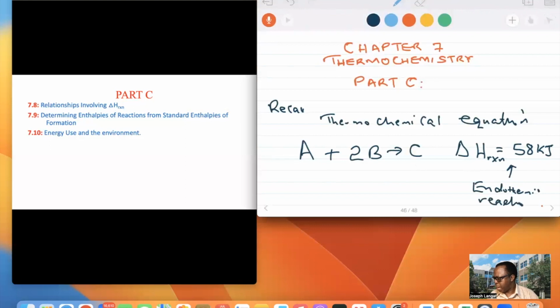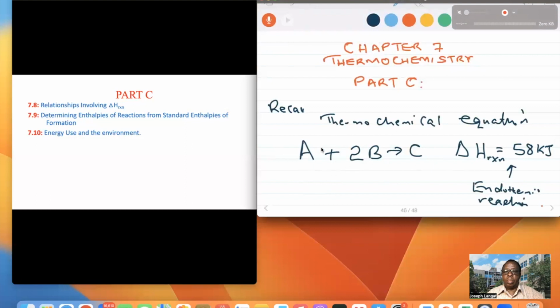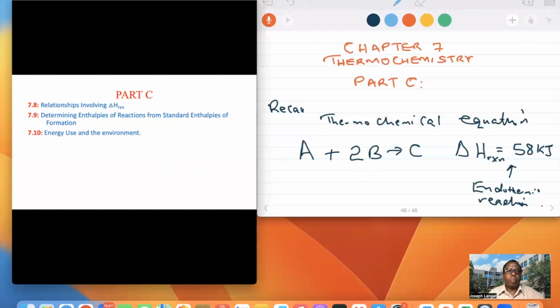We learned in the previous section that enthalpy of reaction or heat of reaction is extensive, which means it depends on the amount of reagents in a chemical equation. In part C, section 7.8, we will look at the manipulation of chemical or thermochemical equations and the relationships involving the change in enthalpy of a reaction.